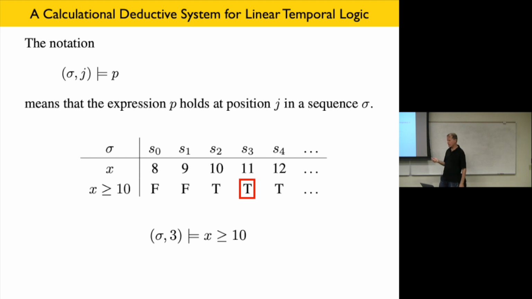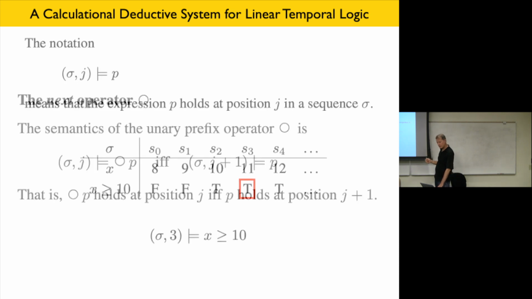X is greater than or equal to 10, that's the P. So we say that it holds at position 3 in this sequence sigma. Is everybody clear on that? Another way to say it is you can say satisfy. You have to read it from right to left. If you want to read it from left to right, you can say satisfies. You can say sigma comma 3 satisfies x is greater than or equal to 10.